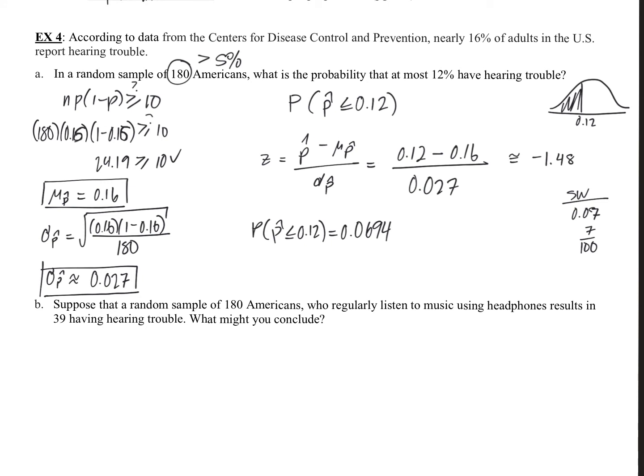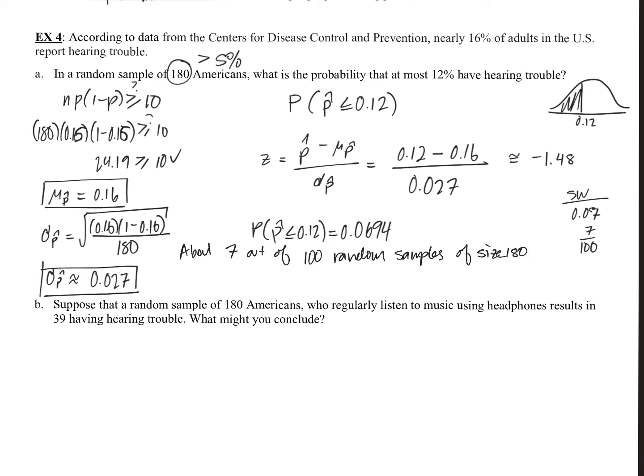So this is saying about 7 out of 100 random samples of size, what size do we have? We had 180.